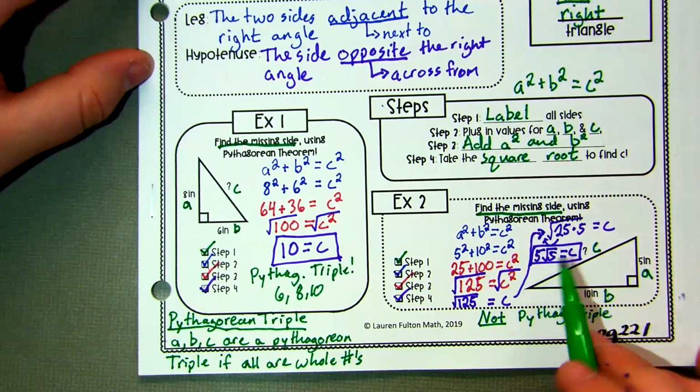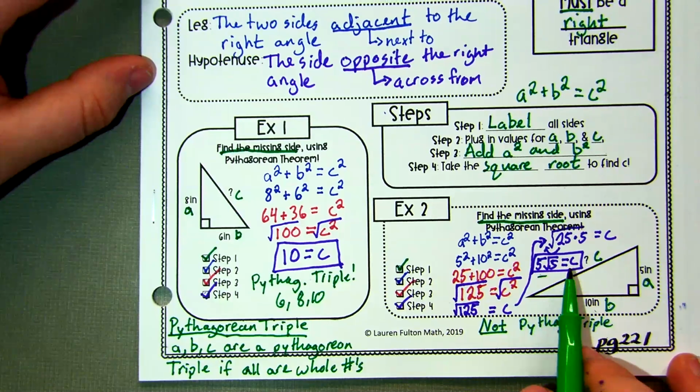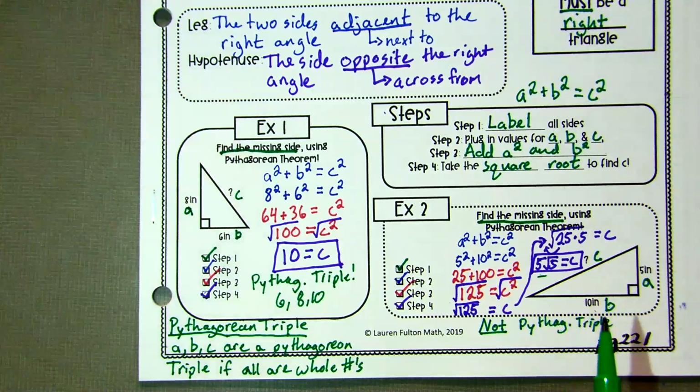Whatever we do, this will always be a decimal. And if we have a decimal, we do not have a triple. All right. Are there any questions before we move on to our next page?